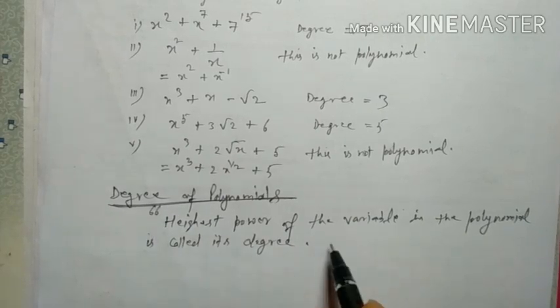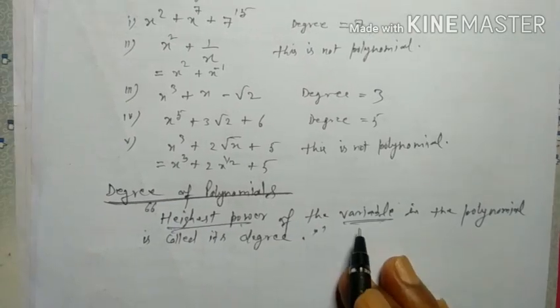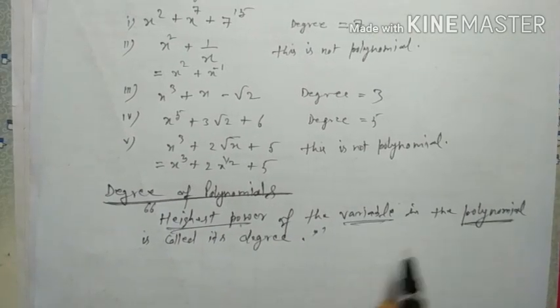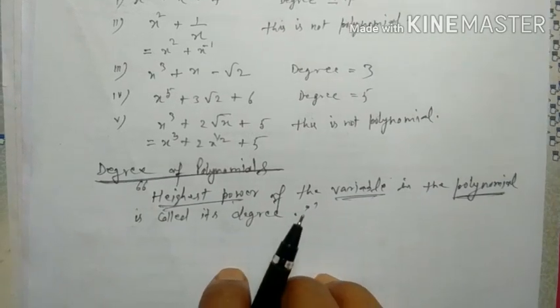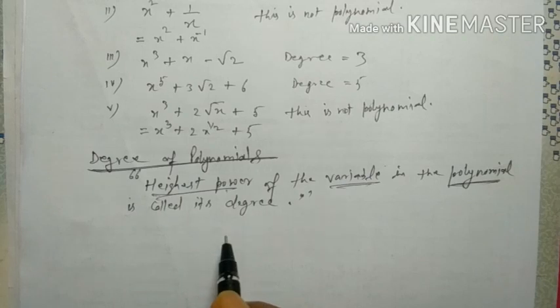This is the definition of degree: the highest power of the variable in a polynomial is called its degree.